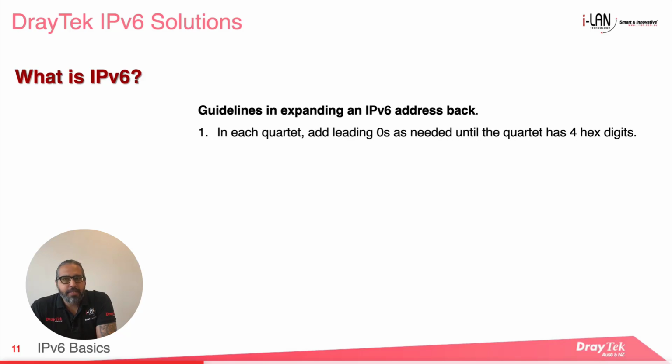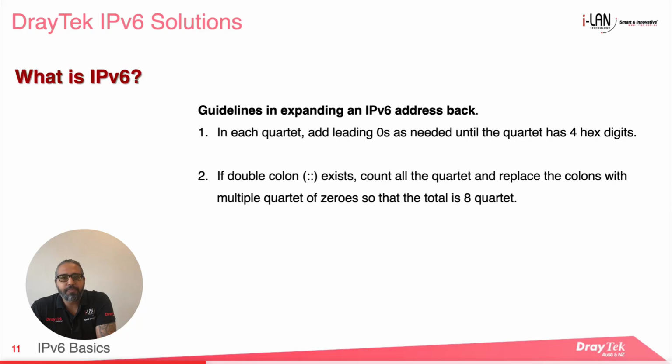In each quartet, add the leading zeros as needed until the quartet has 4 hex digits. If a double colon exists, count all the quartets and replace the 2 colons with multiple quartets of zeros so that the total is 8 quartets.